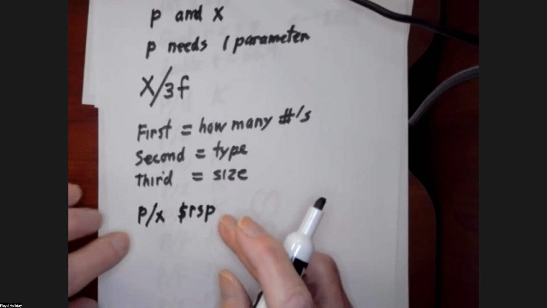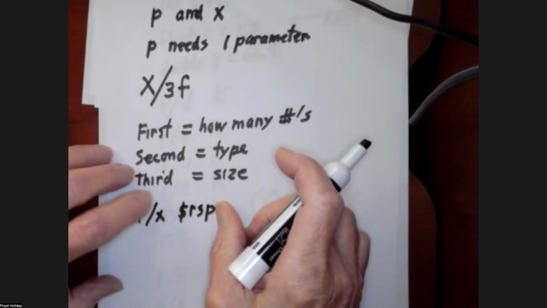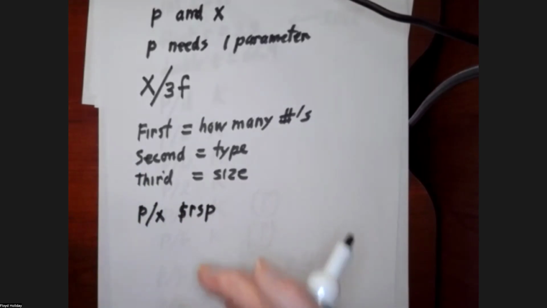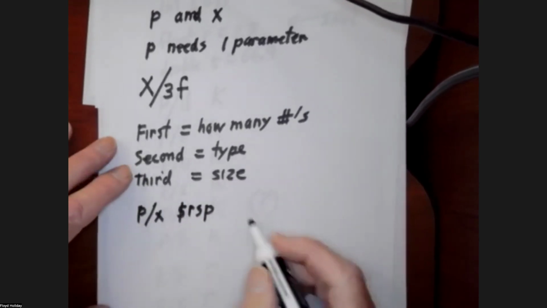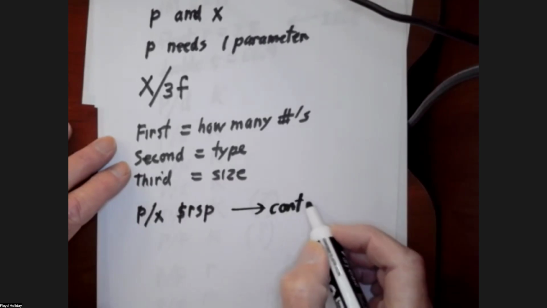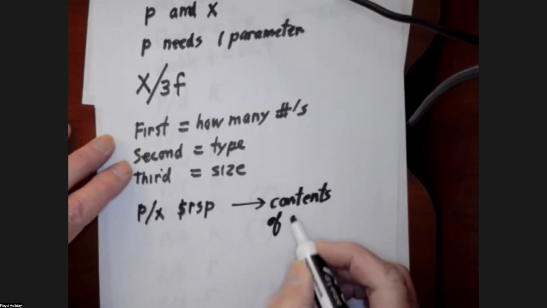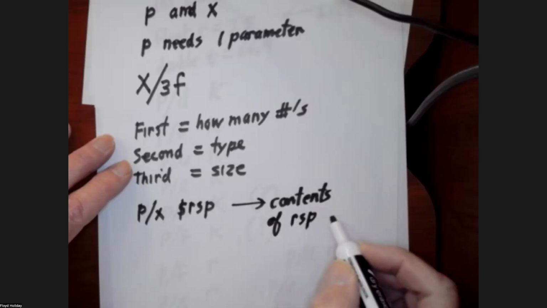Otherwise GDB gets confused and thinks you've declared a variable whose name is RSP, but the $ sign says this is register RSP. So this outputs the contents of RSP in hex.